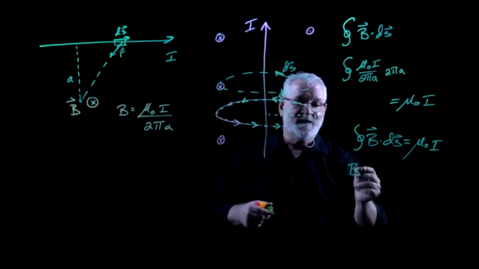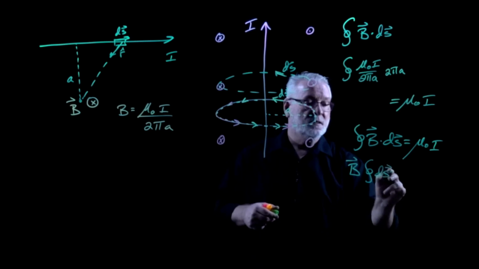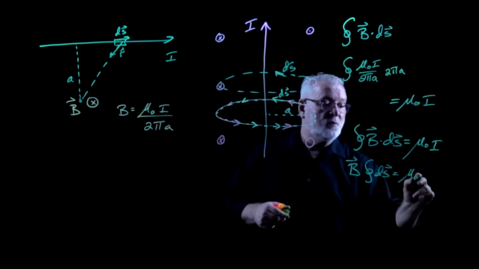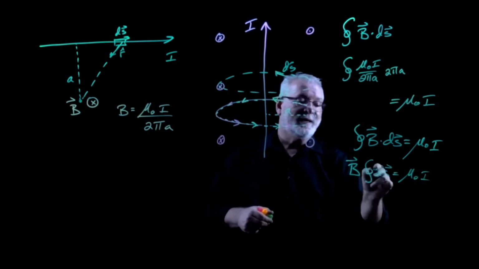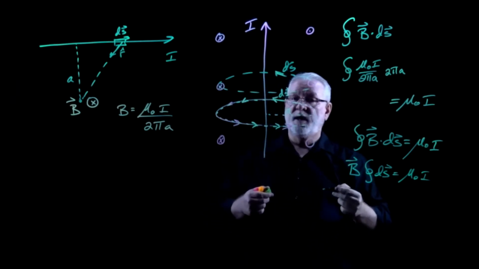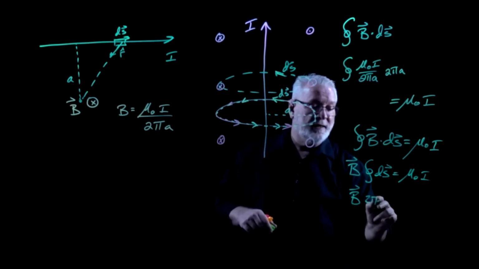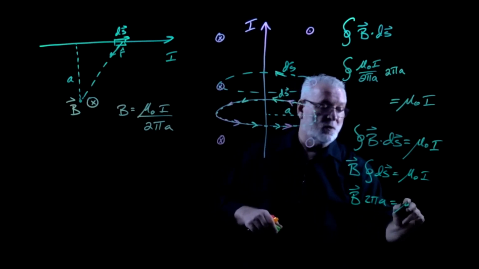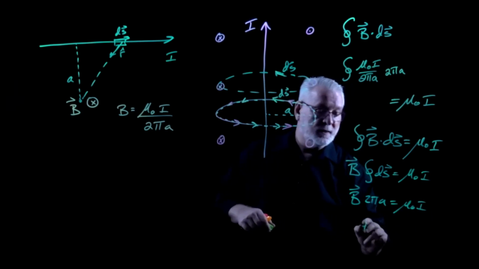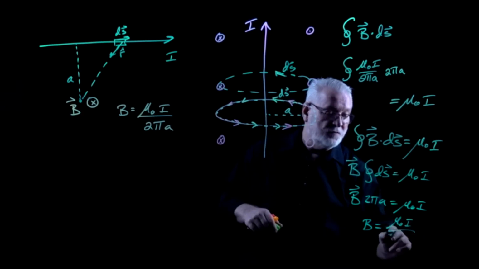So B is the same at every point. It comes out of the closed loop integral of ds. And that will always equal mu naught I. Well, what is the closed loop integral of the circumference of a circle? It's 2 pi times the radius. So B times 2 pi times the radius will equal mu naught I, or B equals mu naught I over 2 pi a.